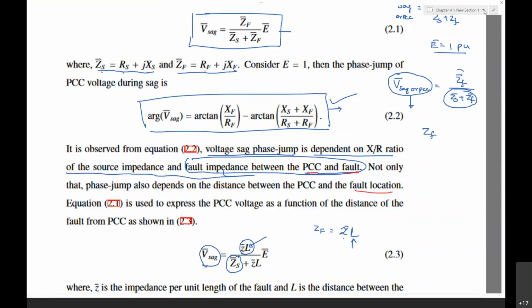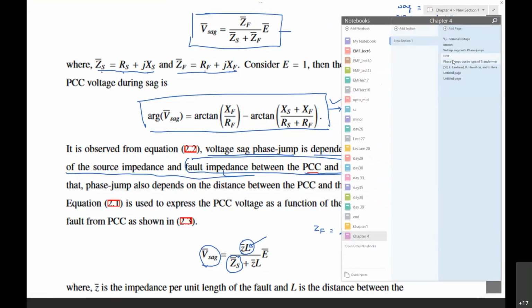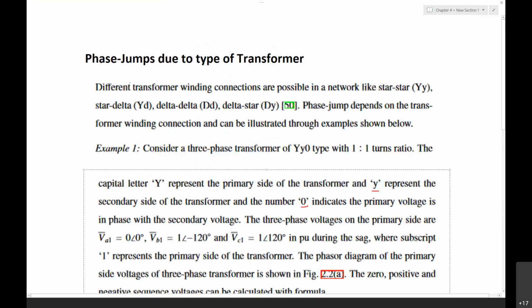Now we try to see one more case, phase shift due to the type of the transformer. When you say the type of the transformer, it is related to a three-phase system.